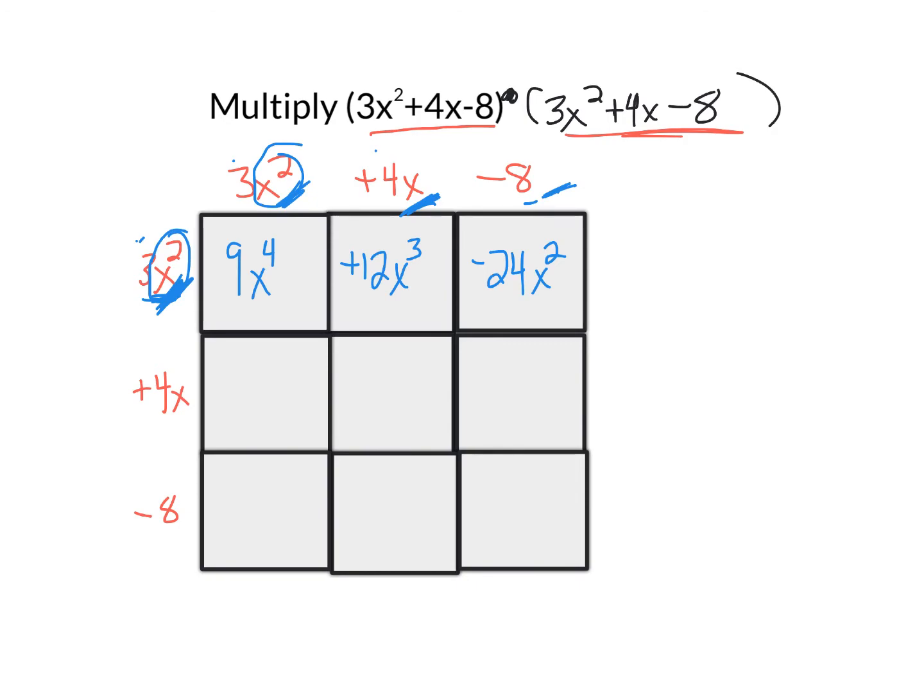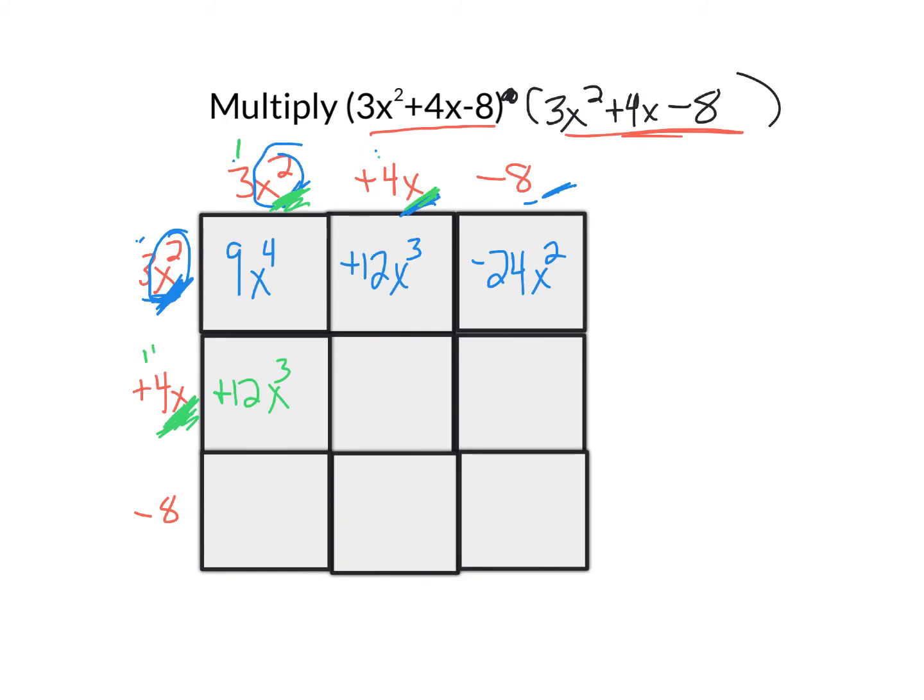So we start again. We're going to take 3x squared and multiply it with 4x. So again, 3 times 4 is positive 12. X with x squared, so 1x here, we have 2 x's here, that's 3, that's x cubed. All right, so now we have this 4x with this 4x.